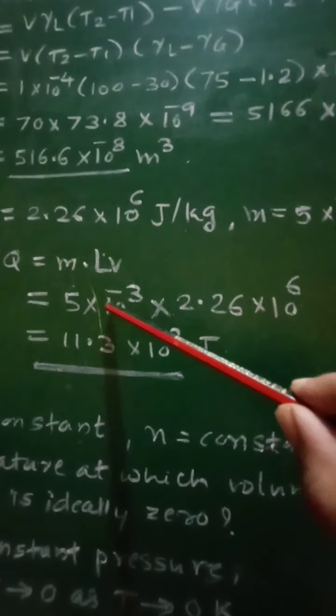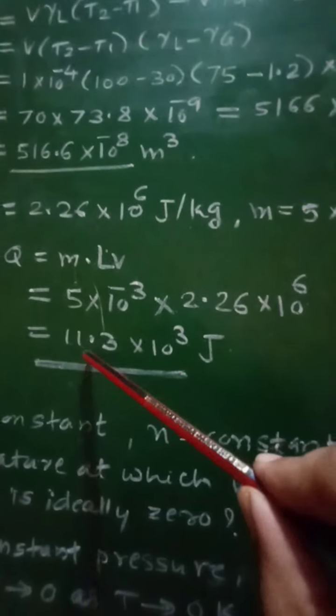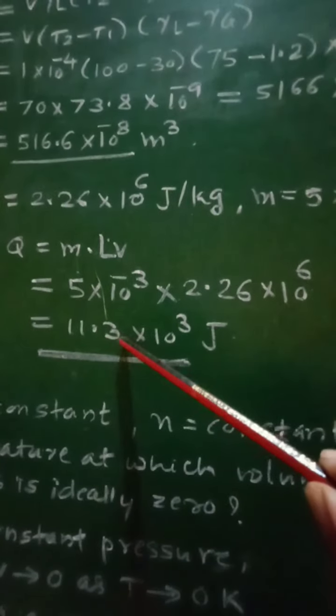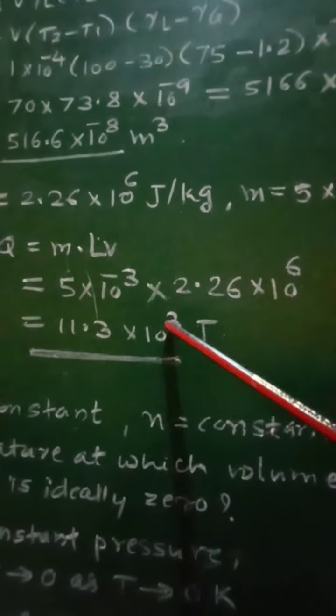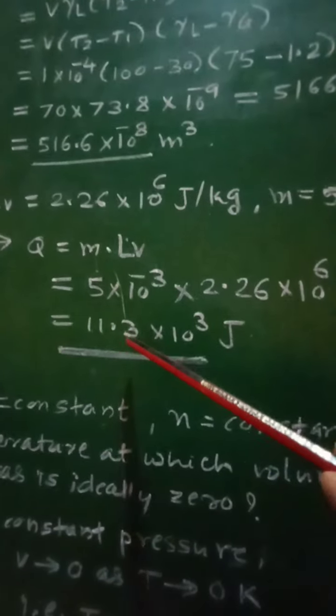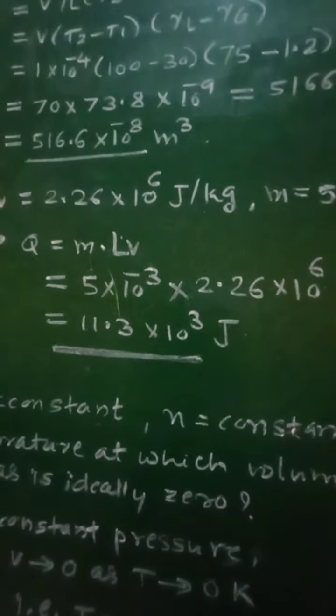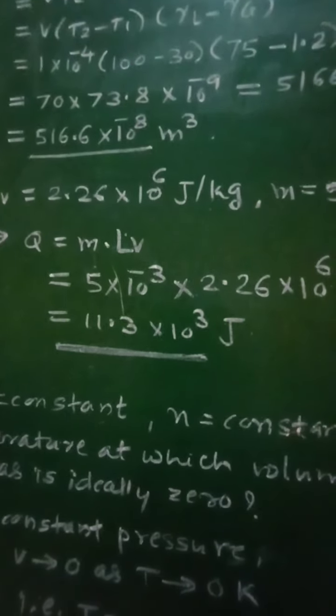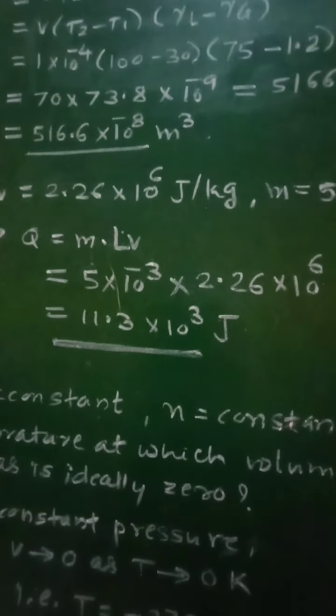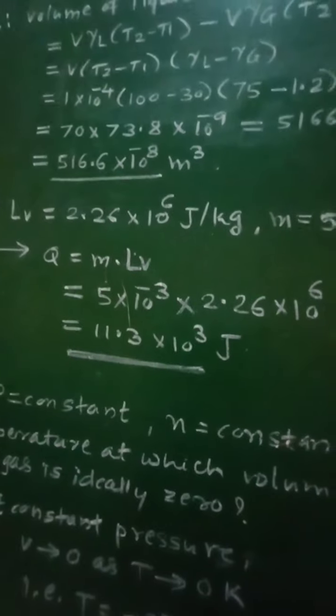Now by calculating this product, we will get 11.3 into 10 raised to 3 joule. So this will be the energy needed to convert 5 gram of water into steam.